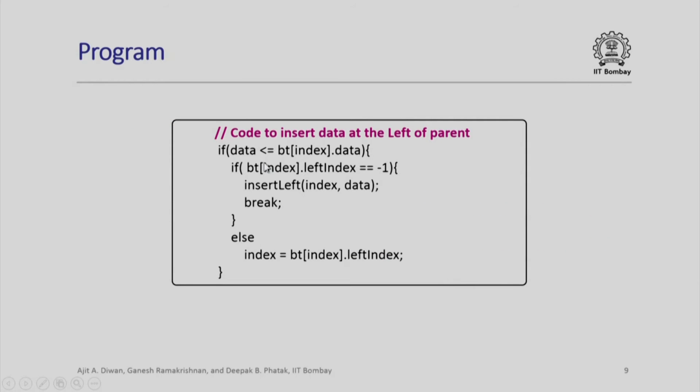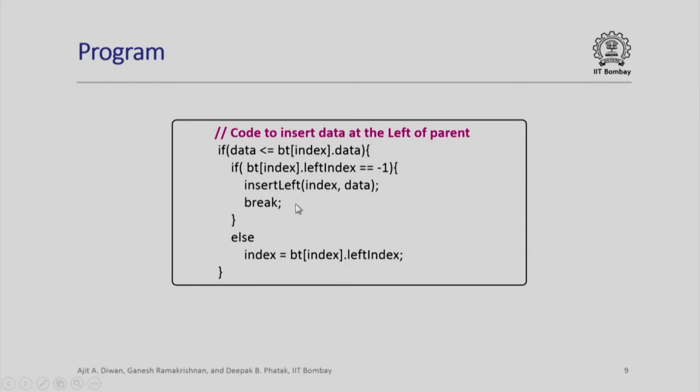First, the code to insert data at the left of the parent. Please note that this will happen when the data to be inserted is less than the data of the parent. So, if bt index.data is greater than or equal to new data, then it will have to be created on the left. Now, we will check, is there place on the left or already there is a left index in this particular parent node. If it is -1, then there is a place.